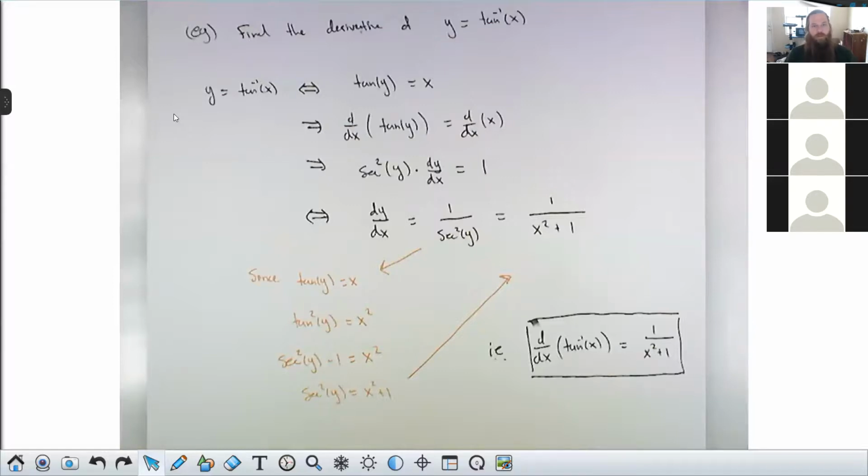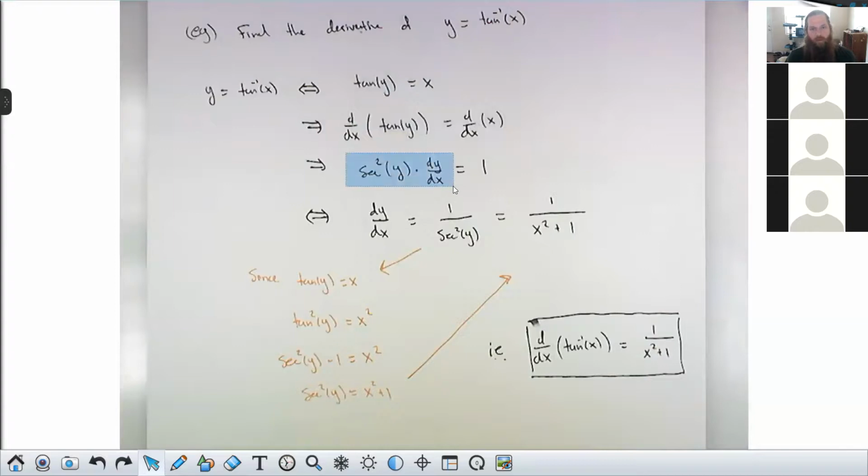You can get derivatives of any inverse function using this trick, the same way we got the derivative of the natural log. You start by saying y is equal to your inverse function. Then you compose on both sides by your function. This goes from an explicit thing to an implicit thing. Then you take the implicit thing and differentiate on both sides.